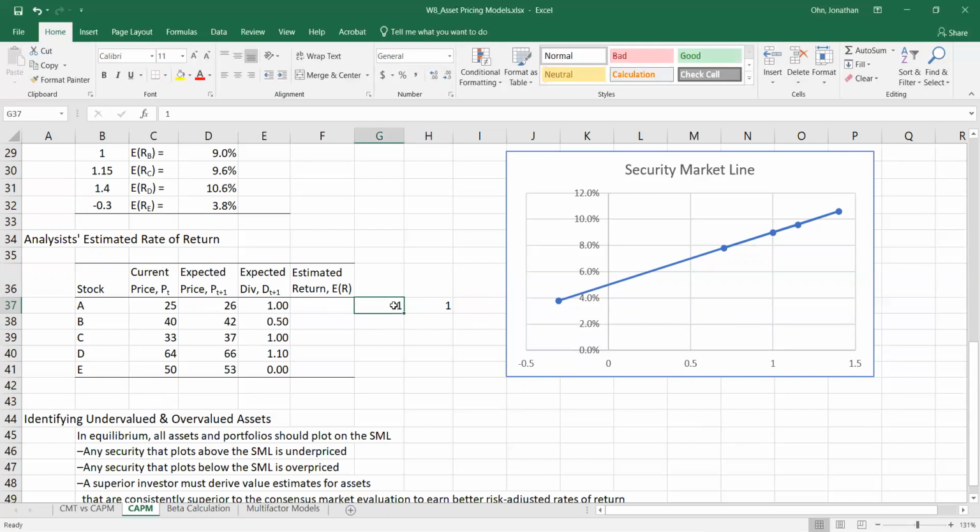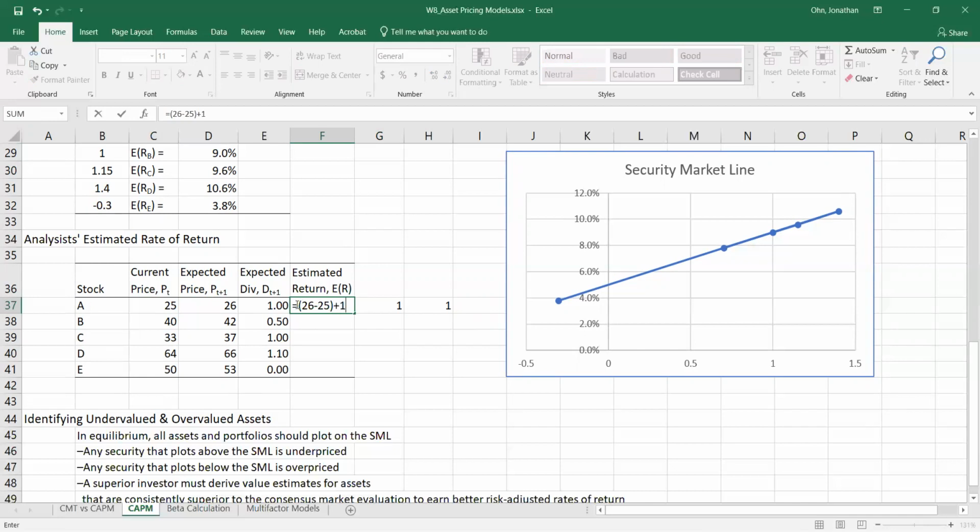To calculate the estimated return, you sum them up and divide that by your initial price. So 26 minus 25 is the price return, plus the dividend of 1.